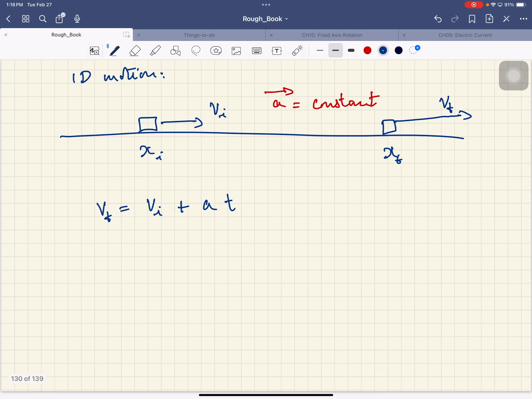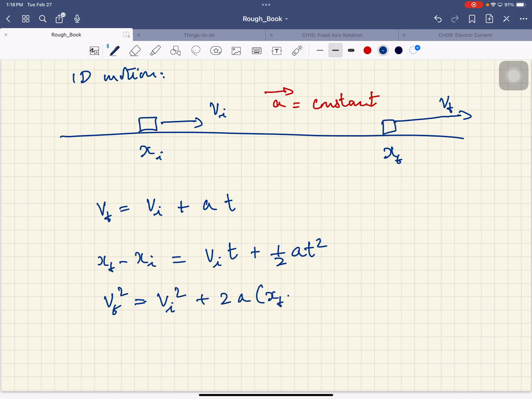X final minus x initial equals v initial times t plus 1/2 a t squared. And v final squared equals v initial squared plus 2a times x final minus x initial.